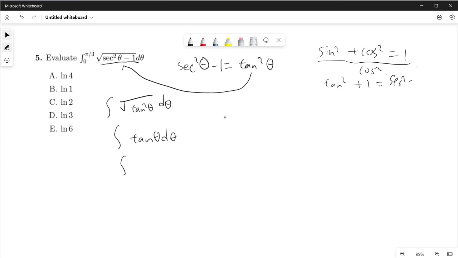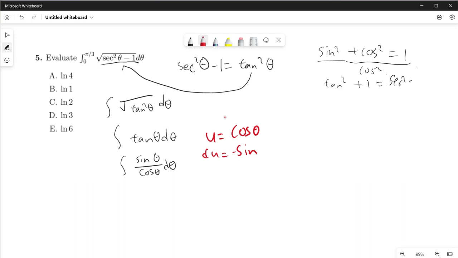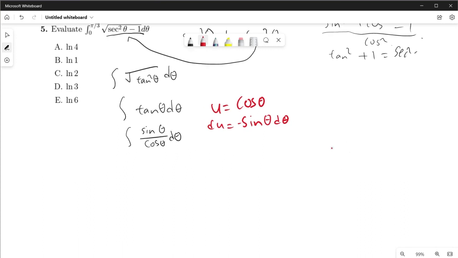And how we solve for tangent theta is we split that into sine theta over cosine theta and use u-sub. I can use u equal to cosine theta. Therefore, du would be negative sine theta d theta. And now we can plug that in.